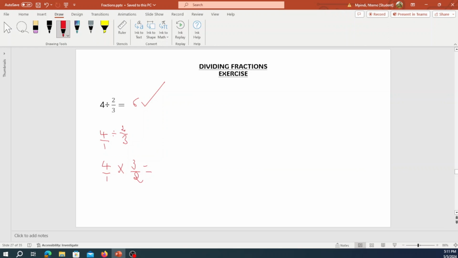Now, what we have to do here, if you take a look, you see this 2, right? 2 divided by 4 equal what?